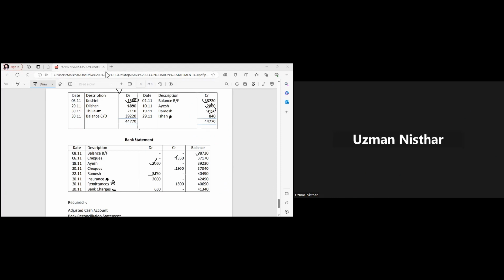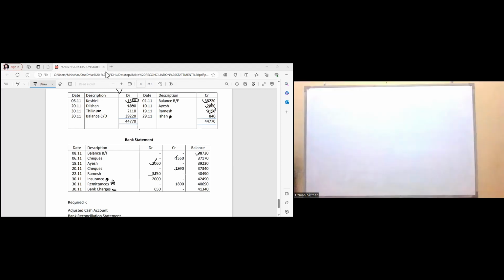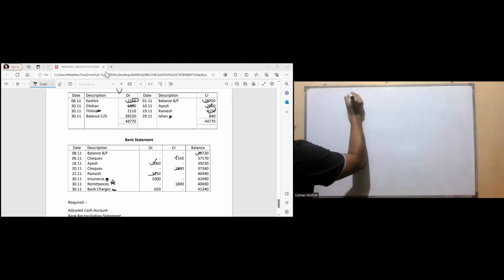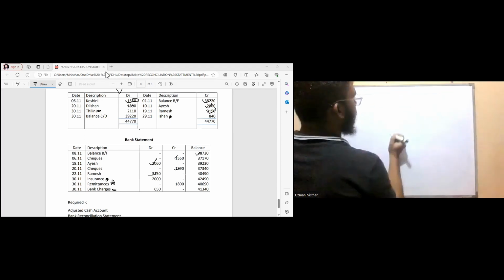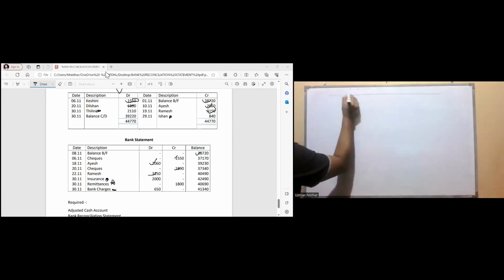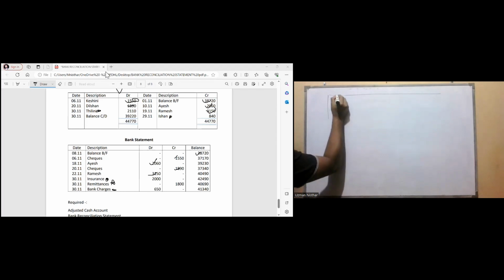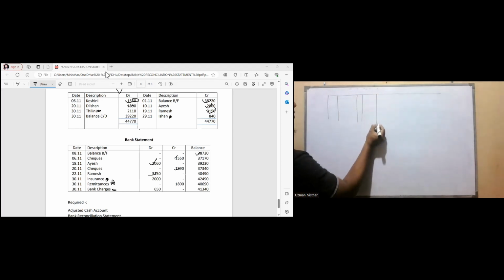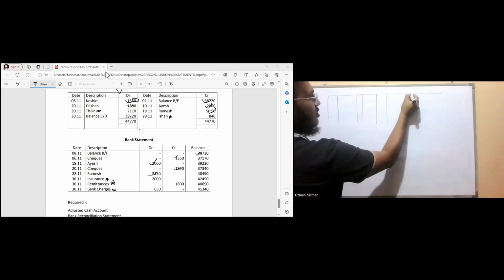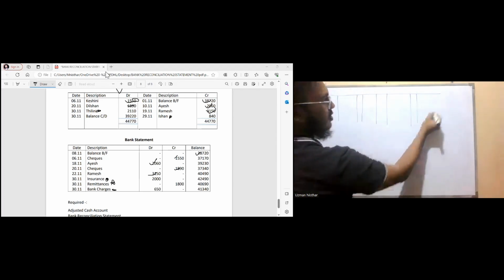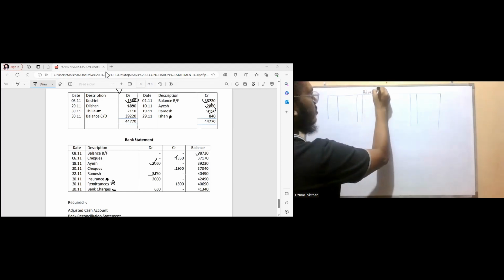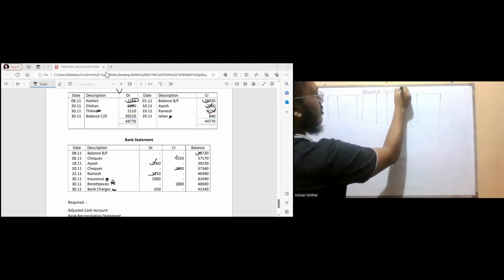Shall we check? So the requirement is to prepare the adjusted cash account. Let's draw the full format. Date, description, ledger folio, and then value. Again, date, description, ledger folio, and then value. Adjusted cash account.